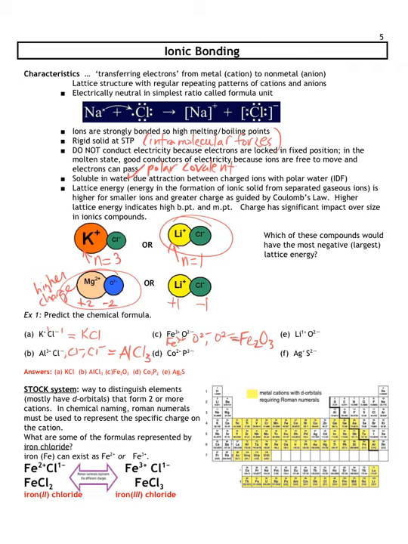Now, if you're getting the hang of this, I would pause and work through the rest of the problems. The answers are on the bottom. I'm just going to do one more with you to make sure you understand. Once again, this is +1 and -2. So the common multiple is 2. So that means I'm going to have another lithium. So I'm going to write in lithium 1 plus.